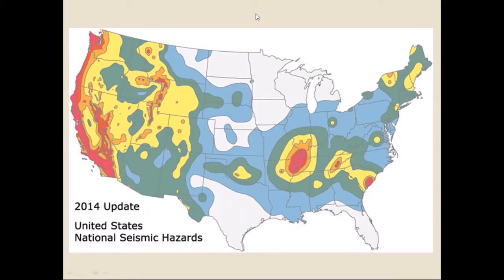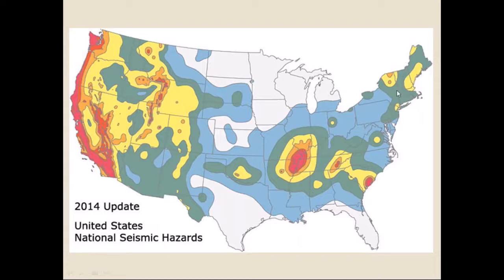We can take a look at seismic activity or the potential for seismic hazards on a nationwide scale in the contiguous United States. Again, the west coast of the United States is an active plate boundary, therefore seismic activity, seismic hazards, right, very high.